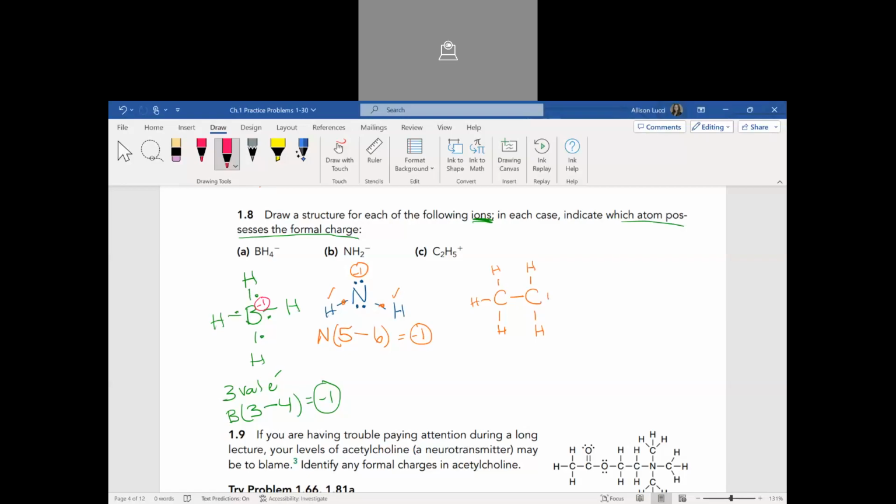So this would end up bearing a positive +1 formal charge. And to check that, we know that carbon likes to form 4 bonds to be neutral. Carbon's in group 4, so 4 valence electrons minus 1, 2, 3 from the bonds here. 4 minus 3 gives us +1.